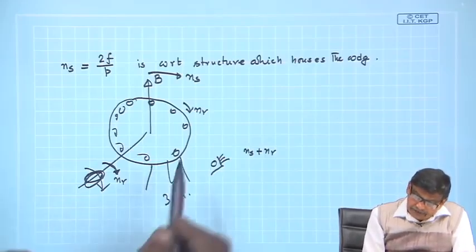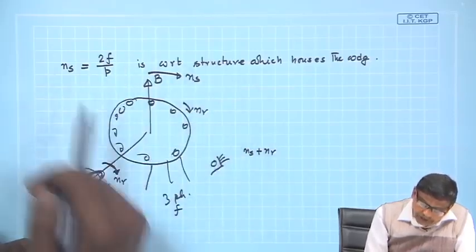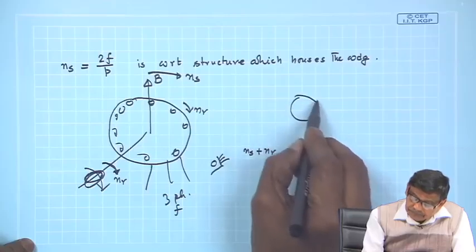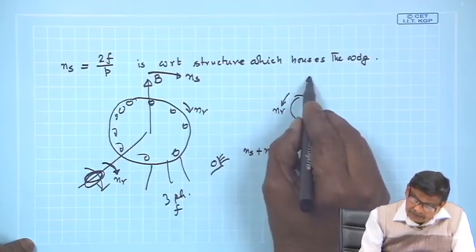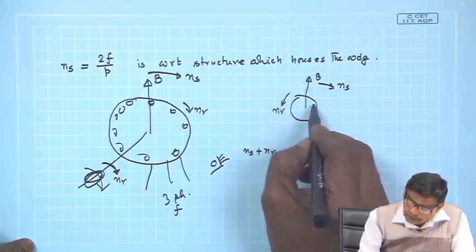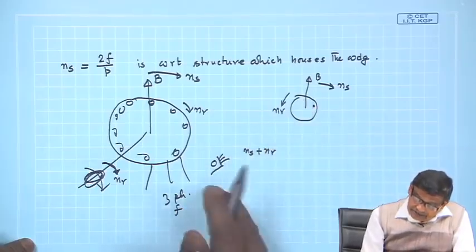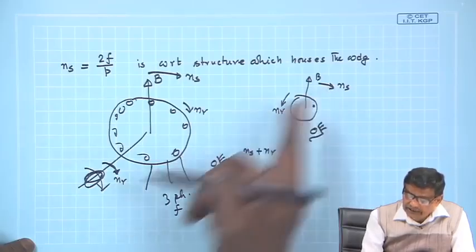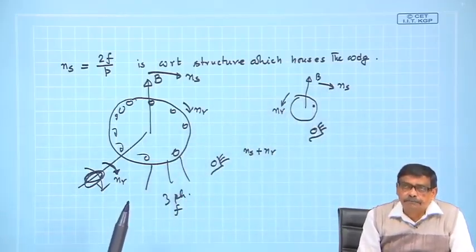Similarly, if this rotor is moved in the opposite direction, this way Nr, and this is your field which is moving already in Ns with respect to the rotor, then the stationary observer in this case will conclude that the field is moving with a speed Ns minus Nr.